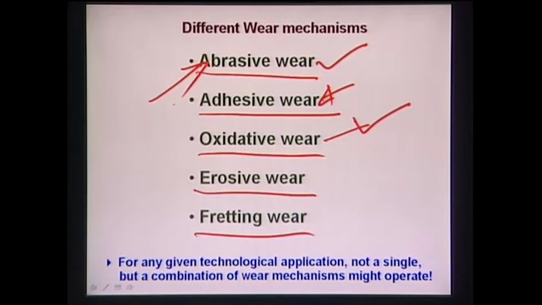That means there will always be a dominant contribution of a particular wear mechanism, in addition to minor or noticeable contributions from the other wear mechanisms. So you cannot say that for this particular combination of operating parameters and this particular sliding couple, only abrasive wear takes place. It is a combination of mechanisms.